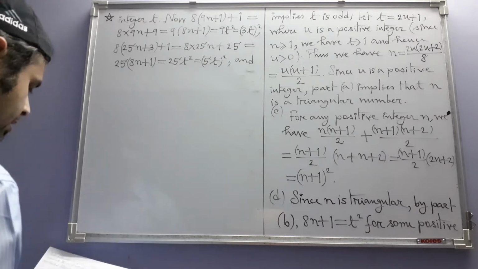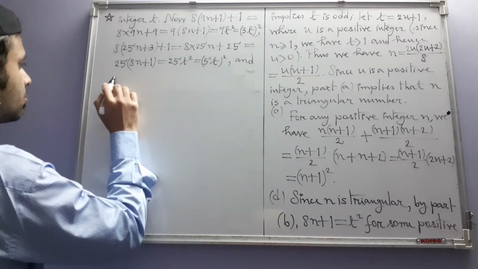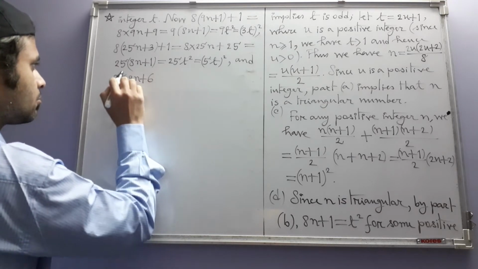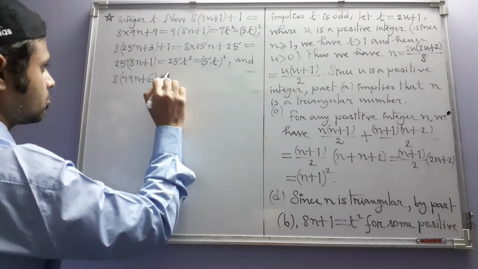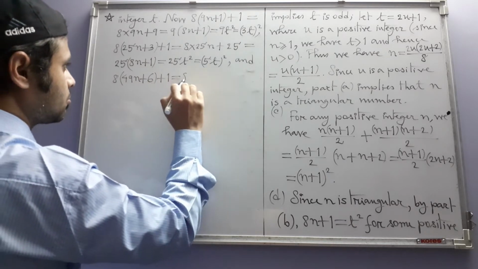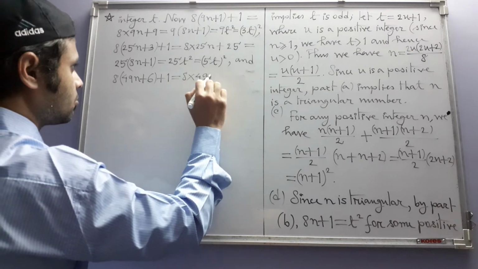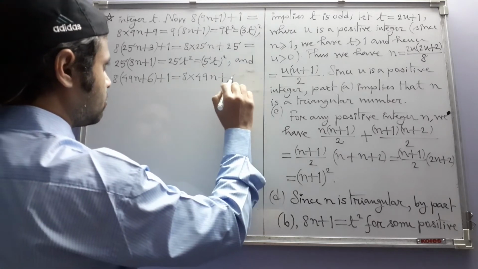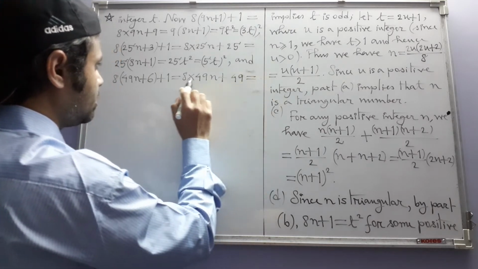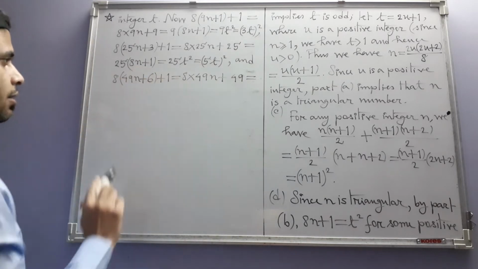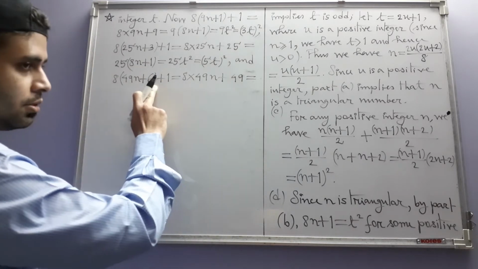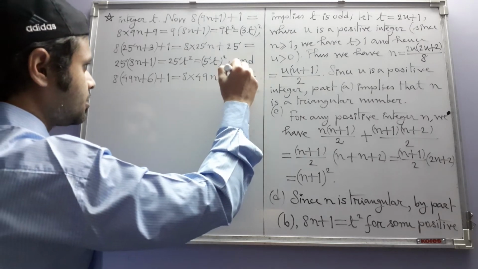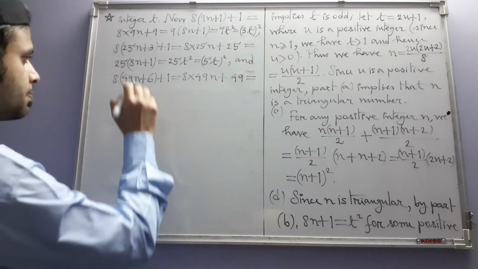And finally we have 49n plus 6. Times 6, 48 plus 1, 49. You see that there is a pattern in these numbers which is making this calculation possible. I mean, it's as if things are falling in place.